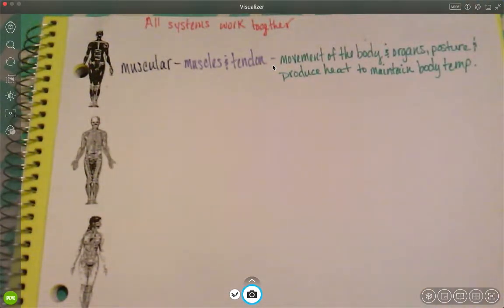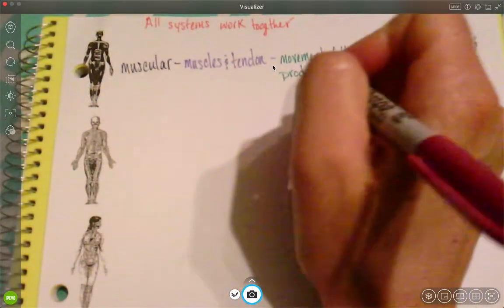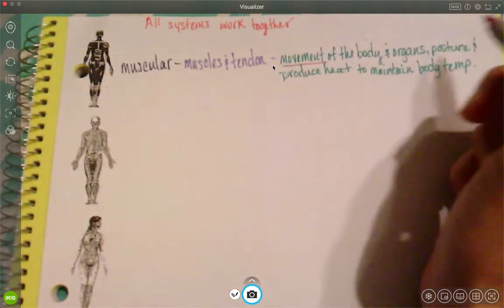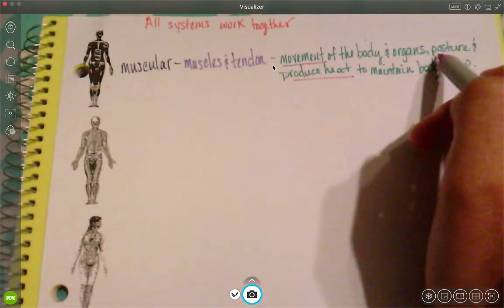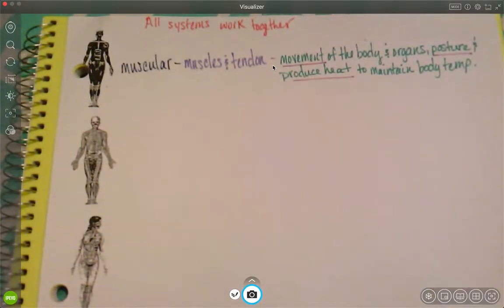So when you get cold, you will start to shiver. That's muscle movement, and it's going to produce heat to help maintain that body's temperature. So the main functions of the muscular system are movement, production of heat, and posture. Those are going to be some of the big main functions.